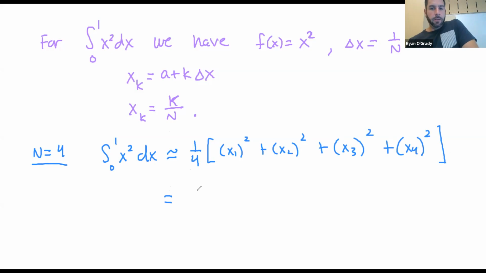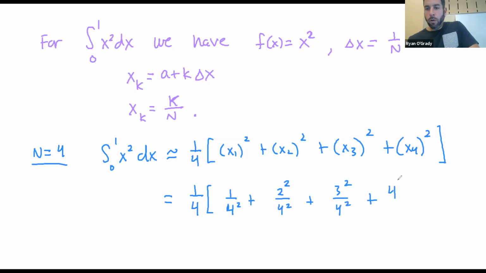So the pattern is that when I plug in my x sub 1 and x sub 2, this becomes 1 over 4 squared plus 2 squared over 4 squared plus 3 squared over 4 squared plus 4 squared over 4 squared.